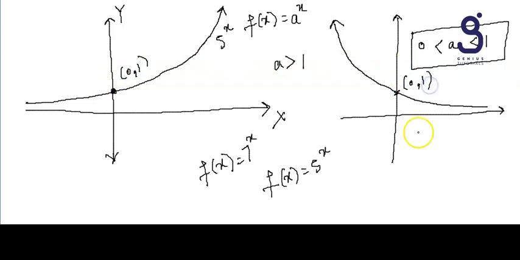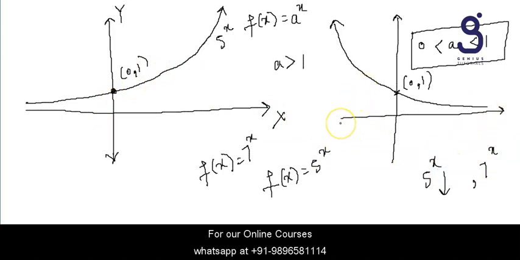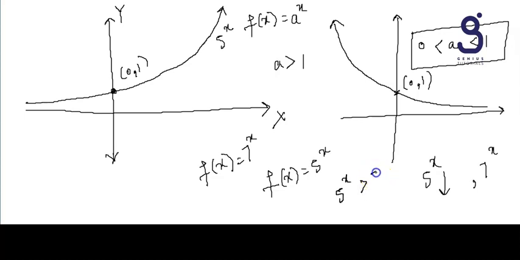Now can you tell me, if I write down 5^x and 7^x, then if the value of x lies below 0, that means if I substitute negative values of x, then obviously 5^x will be greater than 7^x. I hope you are getting my point.